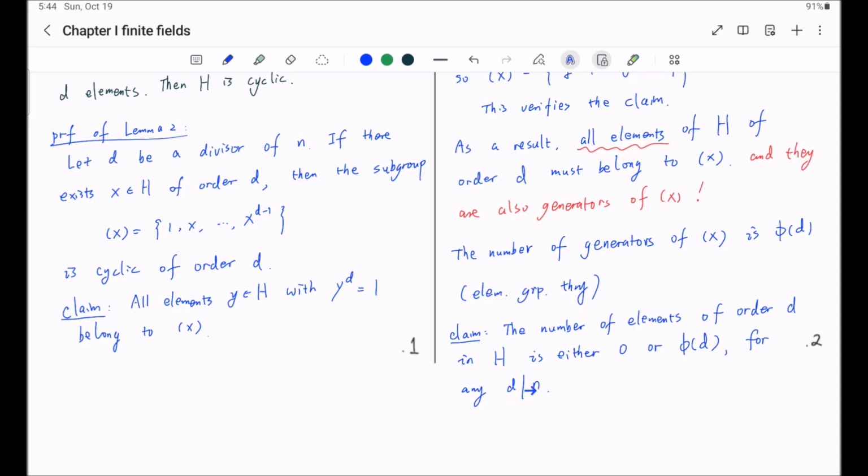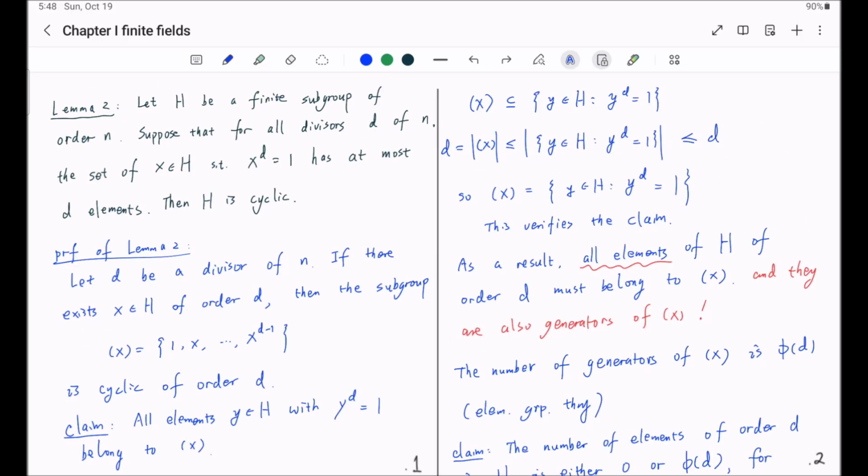Because for any d a divisor of n, first there may be no elements of order d at all. In that case, the number of elements of order d is 0. Now, suppose there exists at least one element of order d, where d divides n. Then by our discussion above, as a consequence of this claim, the number of all such elements must be equal to phi of d. So this claim immediately follows from our discussion.